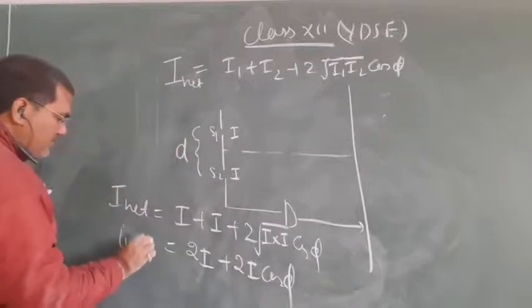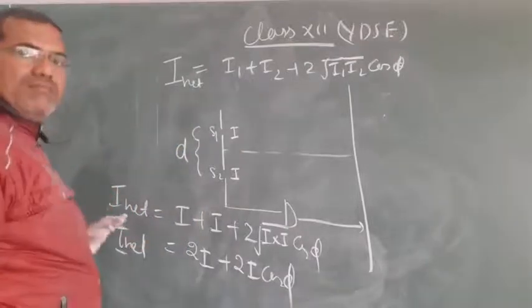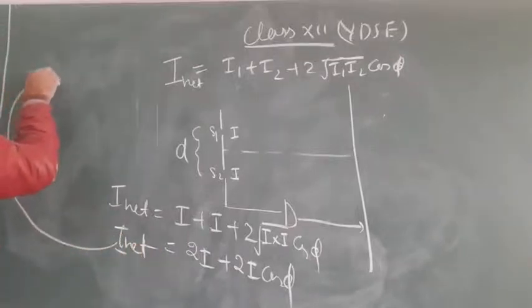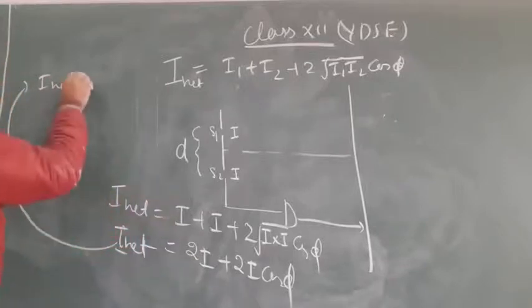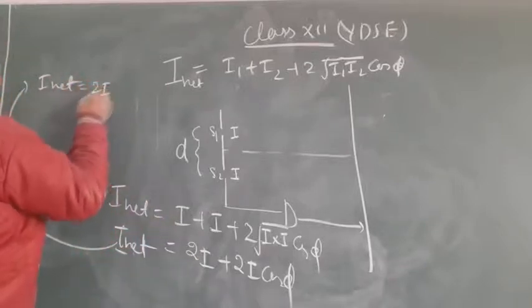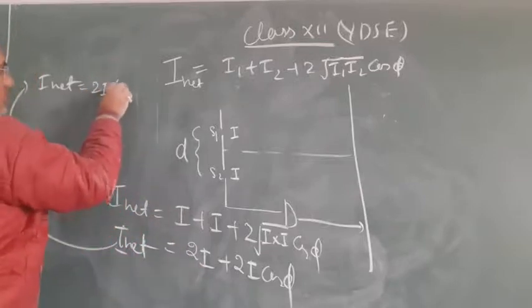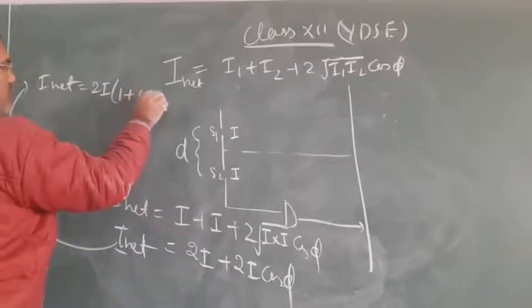So I net will be, taking 2I common, 2I times 1 plus cos phi.